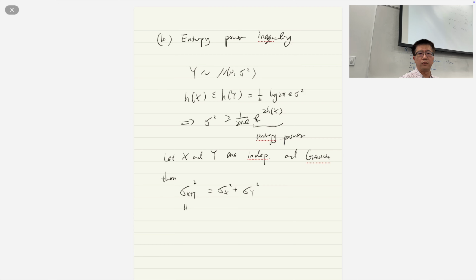So basically we know sigma and this will be equal. So this will equal 2 pi e power 2 times h of x plus y, and this guy equals to this, and this guy equals to 2h(y).